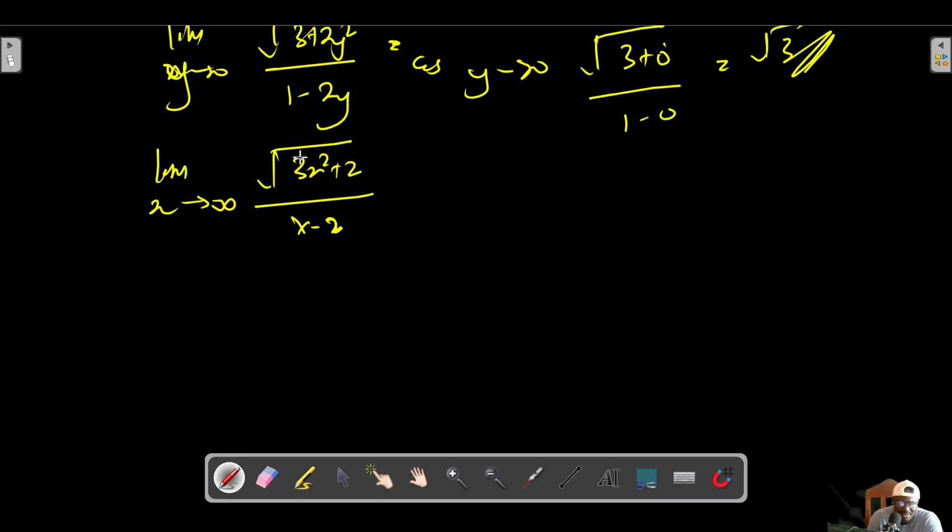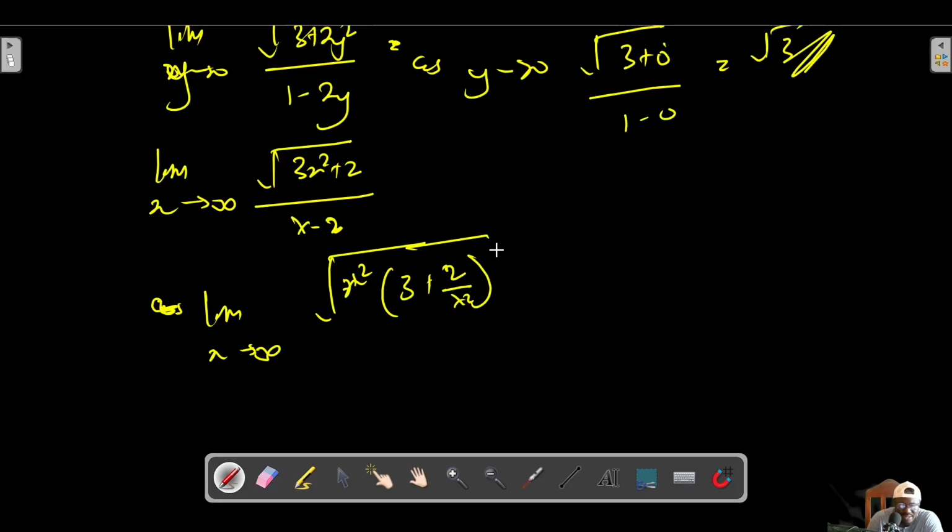From here, I can factorize x squared from the square root. So the limit as x is approaching infinity, factorizing the x squared, I end up with 3 plus 2 over x squared. Here also I'll factorize out x. I end up with 1 minus 2 over x.